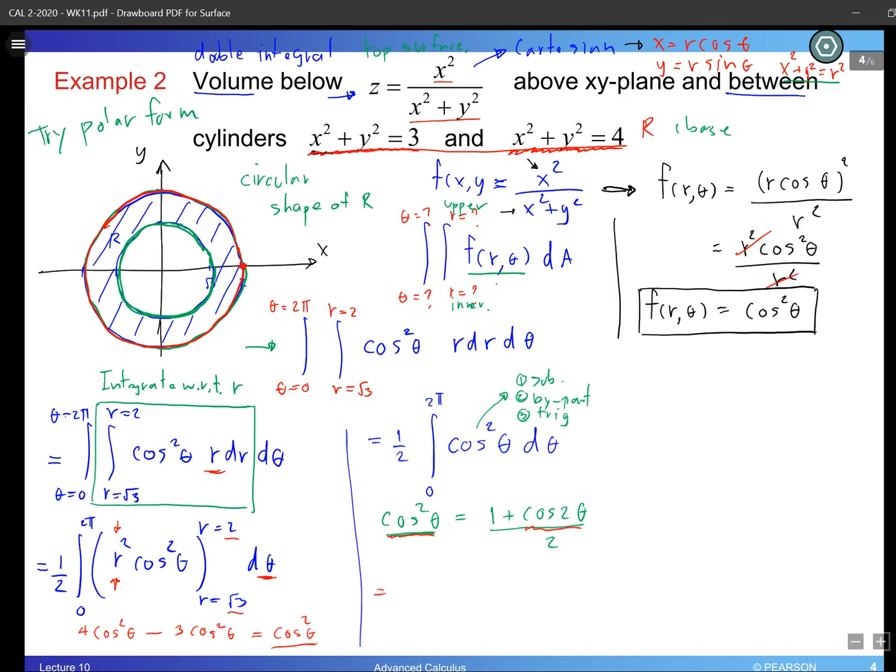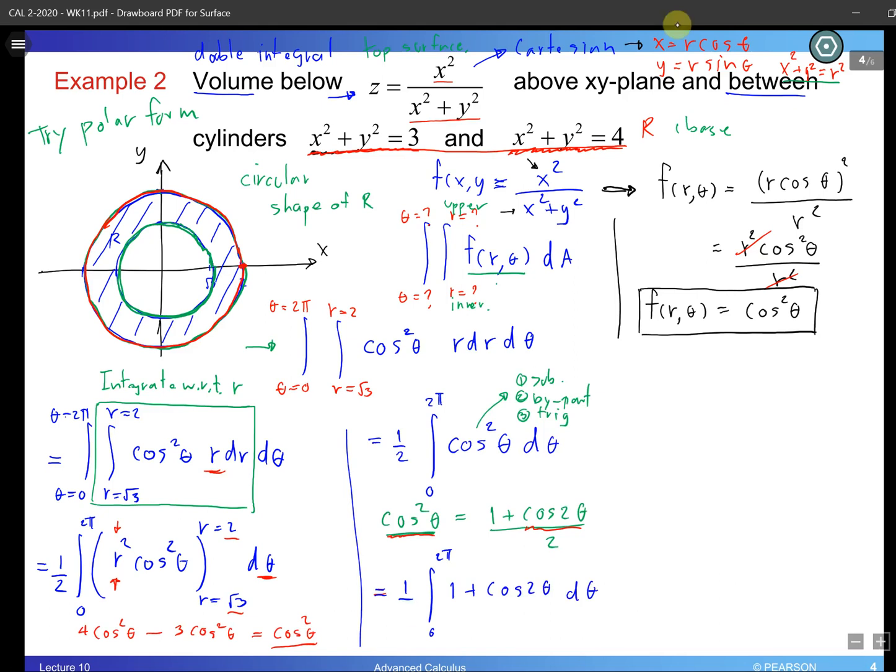So 1 over 2 stays the same, and 0, 2 pi is the same. So instead of cosine theta squared, I am going to use this, 1 plus cosine 2 theta over 2, d theta. And since I have a constant like this, I am going to take it outside, combine it with this.